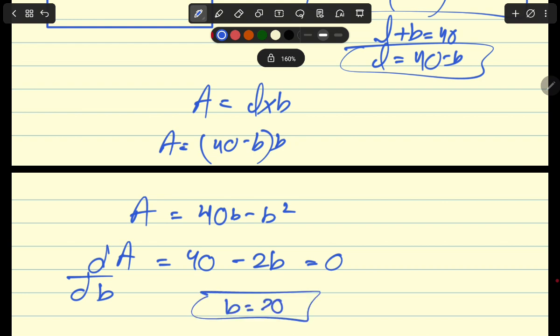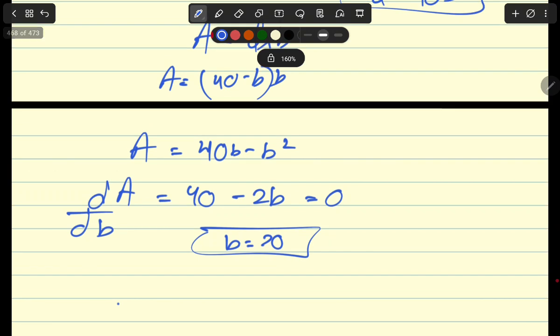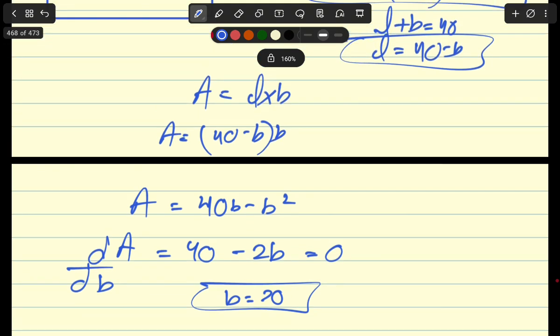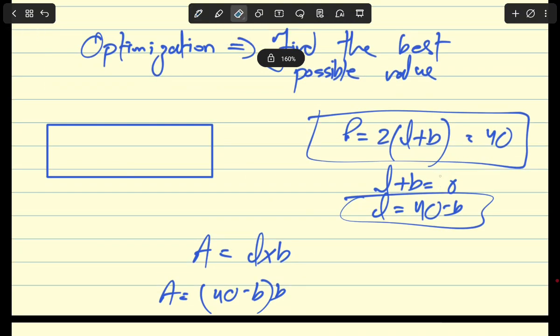Now, if I take the breadth as 20, really? Oh, sorry. This is not 40B. This was 20. This is where I got confused, because we divided both the sides by 2, right?